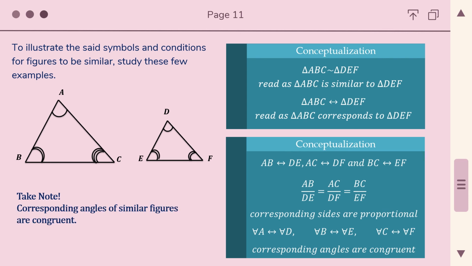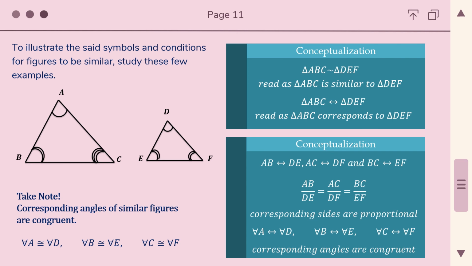So we have to take note that corresponding angles of similar figures are congruent, such that angle A is congruent with angle D, angle B is congruent with angle E, and angle C is congruent with angle F. Ang ilahang angles pareha gyud og measurement, except with its measurement of the sides.